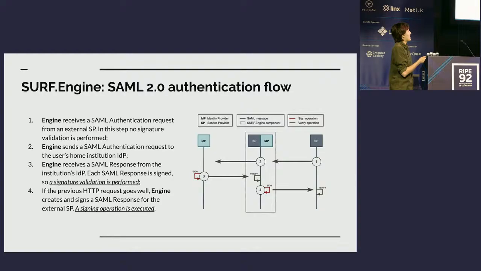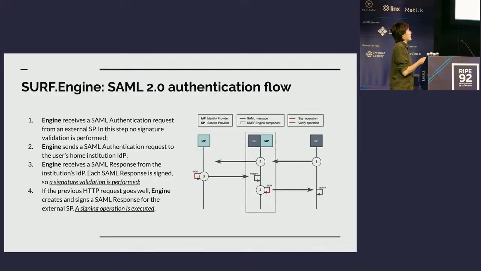The hub acts as an IDP and says, okay, then I need the IDP to check your identity. The IDP signs the SAML request that is received and sends it back to the hub. This is where we are interested, because then the hub performs a verification and then a signing operation and gets back to the service provider.